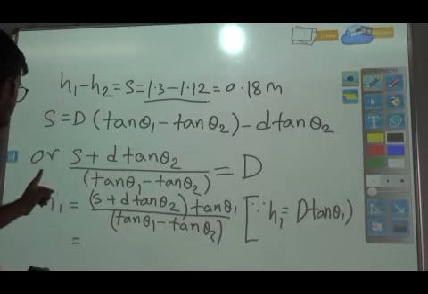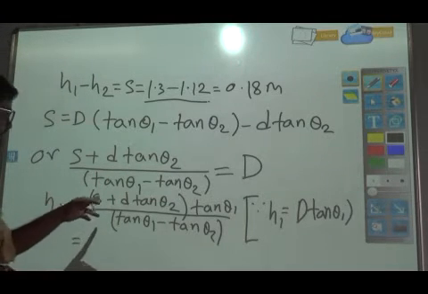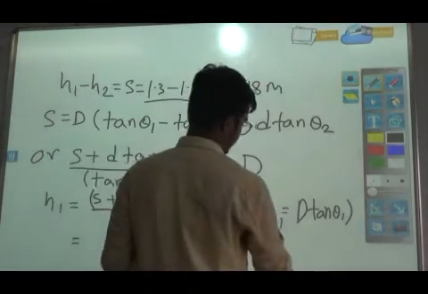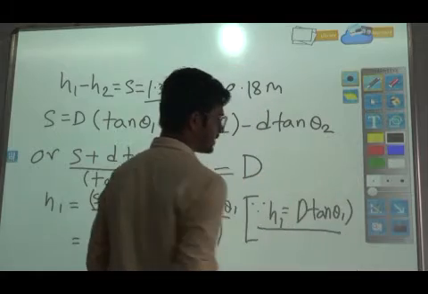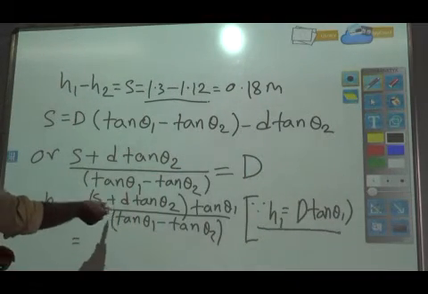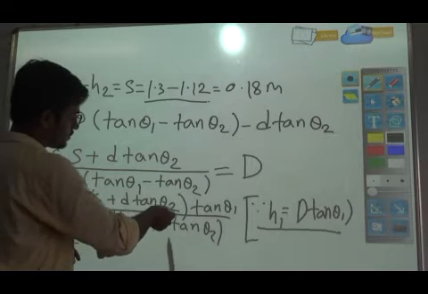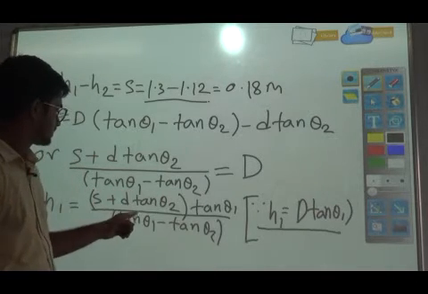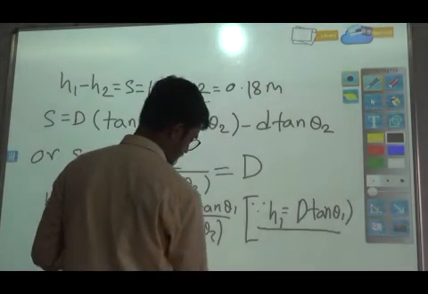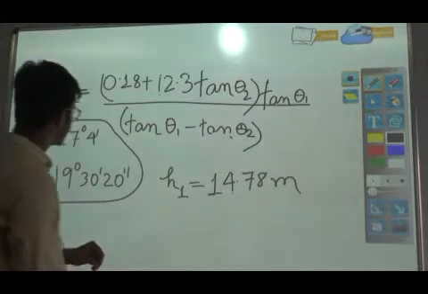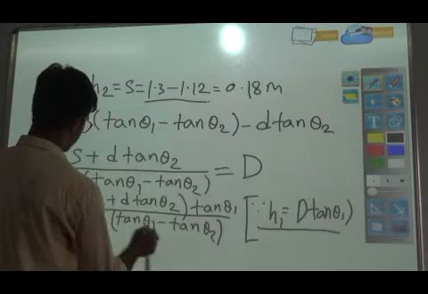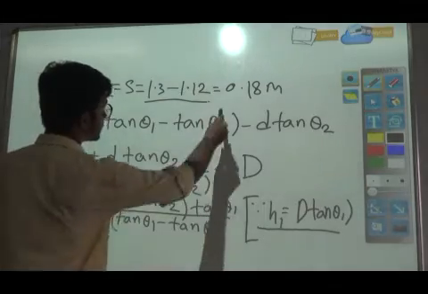Here h1 will be equal to d tan theta 1, calculated earlier, so h1 will be equal to s plus d tan theta 2 into tan theta 1 divided by tan theta 1 minus tan theta 2. Putting the values in the equation, s will be equal to 0.18, as mentioned here.